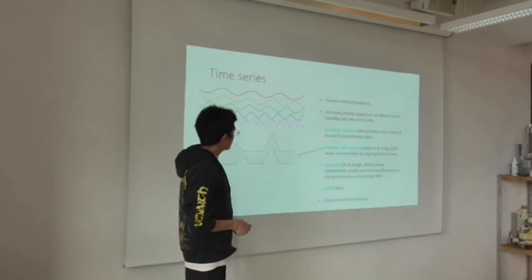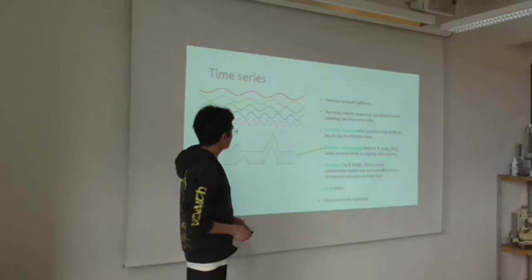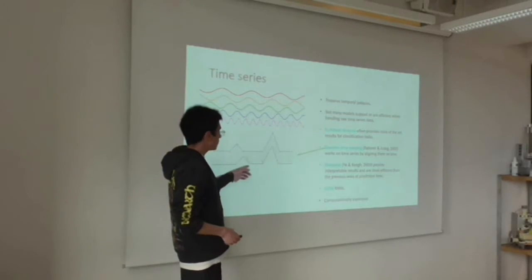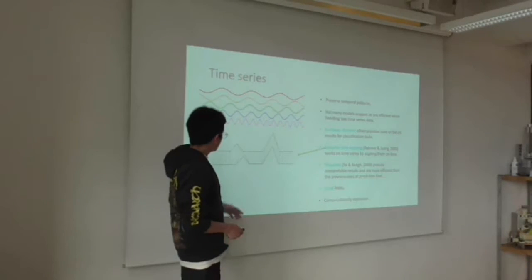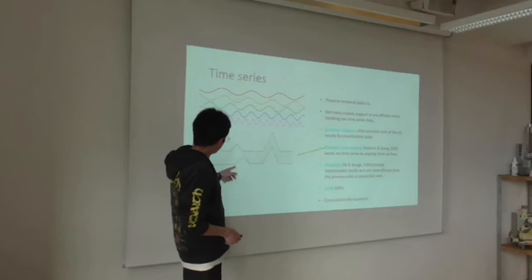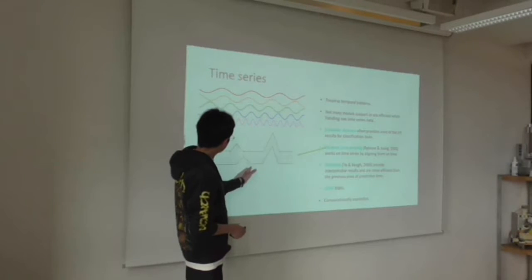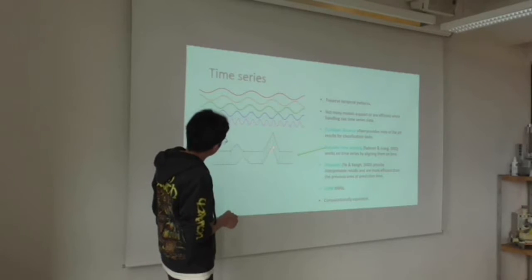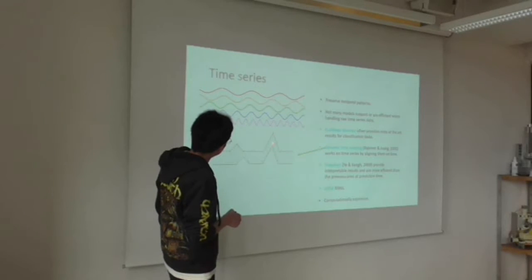There's another method called dynamic time warping, which is similar to Euclidean distance. So sometimes you may have a time series like this one. They look similar, but for example, the second time series is a bit shifted to the right in this portion. And here, well, in this case they look similar, but here this point is a bit shifted to the right.